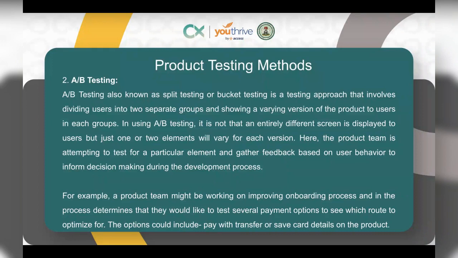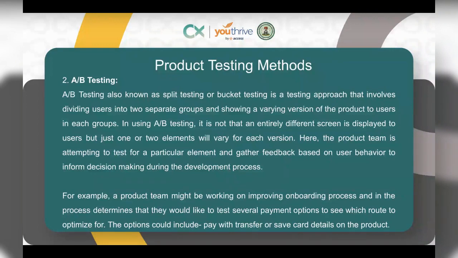And then you show these two subsets of users, or these two buckets of users, each of these payment options that you have. Remember, you have two payment options. You show your users these two different payment options, and you analyze their behavior using your analytics tool to see which one has a higher user engagement or customer retention.